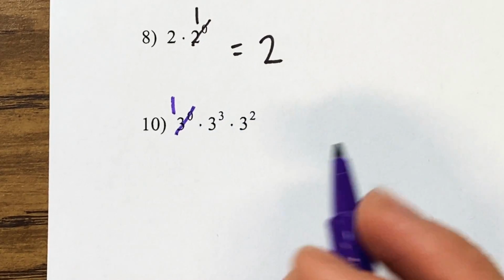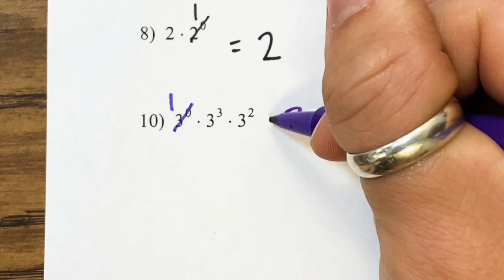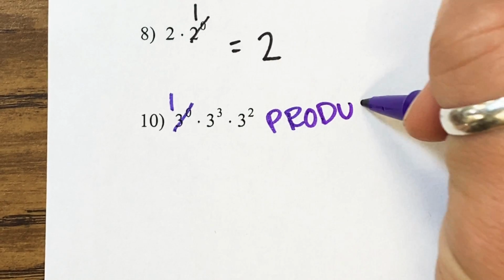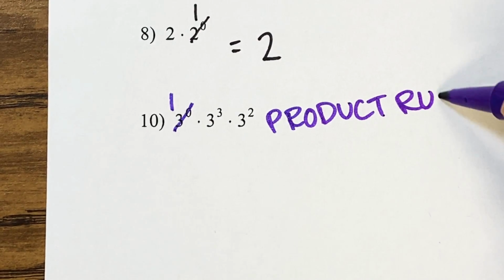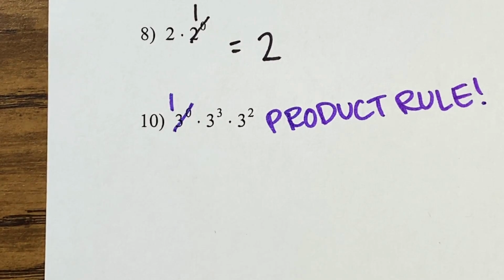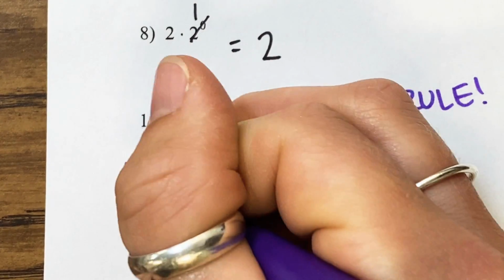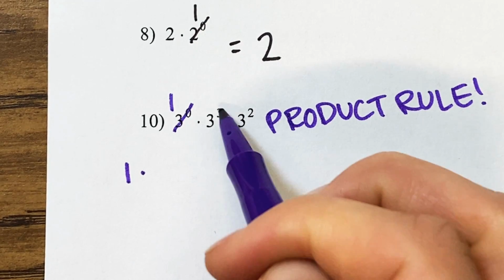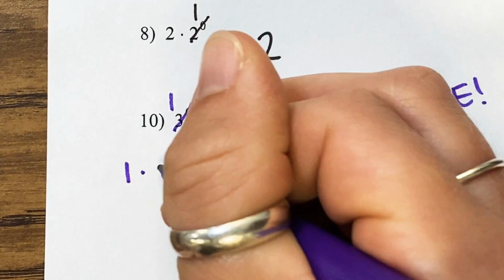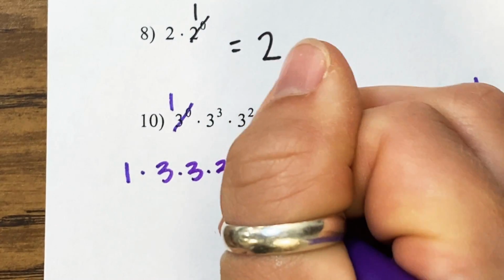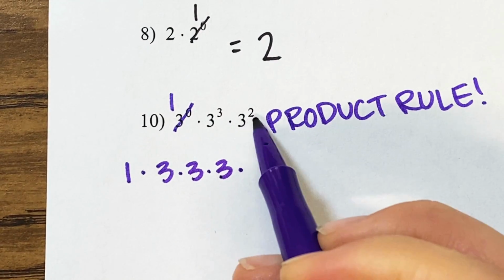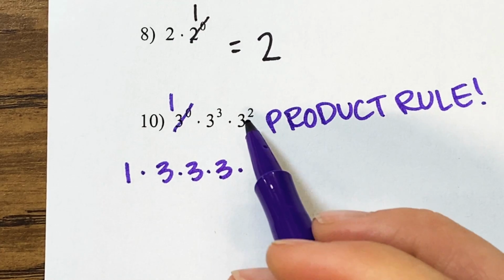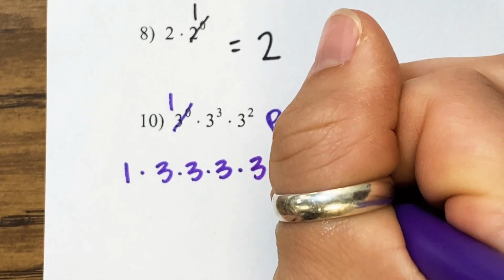This is where we need to bring in our product rule. Yay! Beautiful. Okay, so we have a 1. Let's write this in expanded form. 1 times, how many 3's do we have in this second term? 3 cubed, 3 of them. Okay, times, how many 3's do we have in this third term? Squared, so 2 of them.